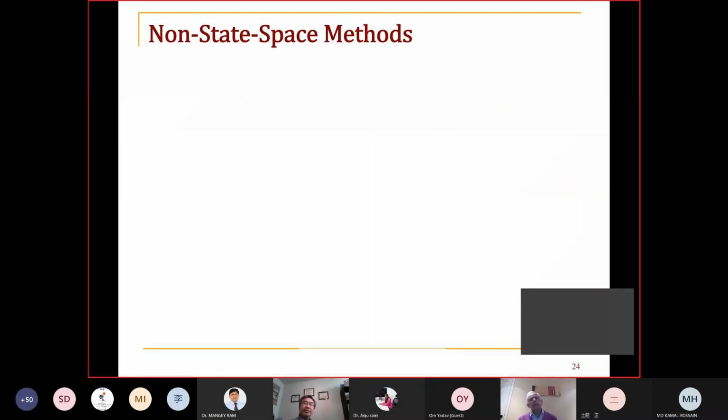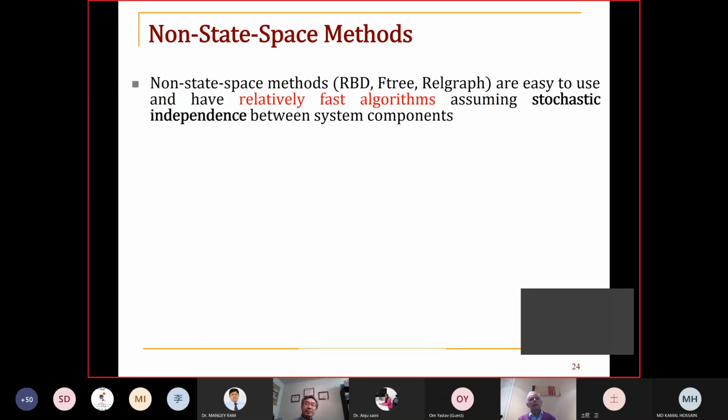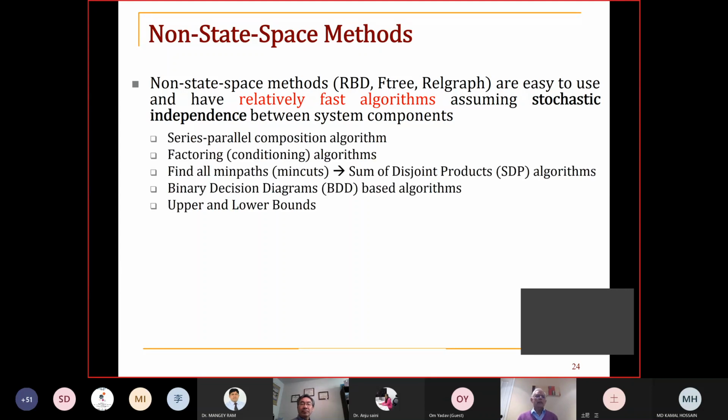These non-state space methods that we have talked about so far involve things like reliability block diagrams, fault trees, and reliability graphs. They are easy to use and have relatively fast algorithms if you can assume that all components behave independently with respect to their failures and with respect to repair, if repair is involved.